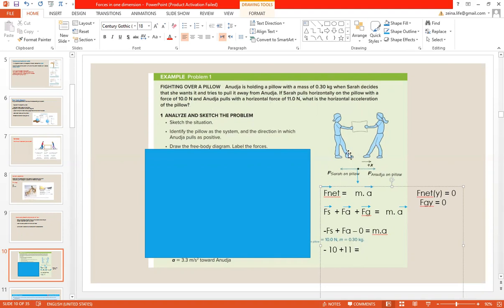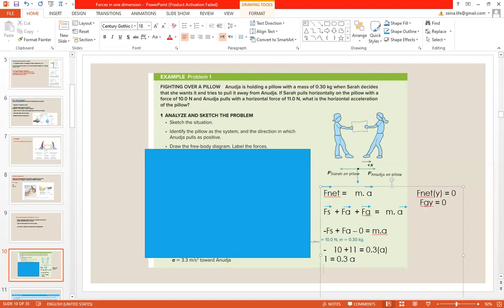The mass of the object or our system, which is the mass of the pillow. That is 0.3 kilogram, or 0.3 times A. Now we want to find A. Minus 10 plus 11 is obviously 1. So 1 is equal to 0.3 A.